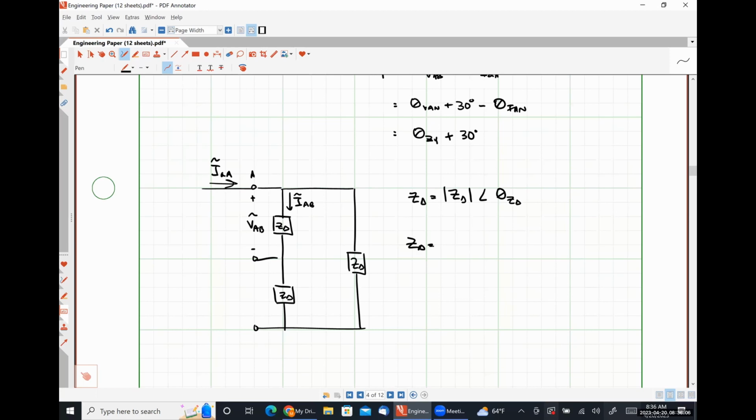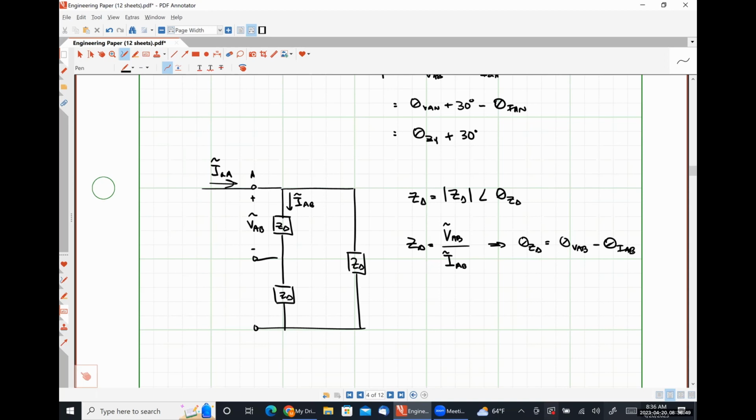And we could say that our delta connected impedance is just the ratio of our phase voltage divided by our phase current, which means the angle of our impedance is theta VAB minus theta IAB, right? So because our line voltages and our phase voltages are the same thing, we don't really need to do any conversion with regards to that part.